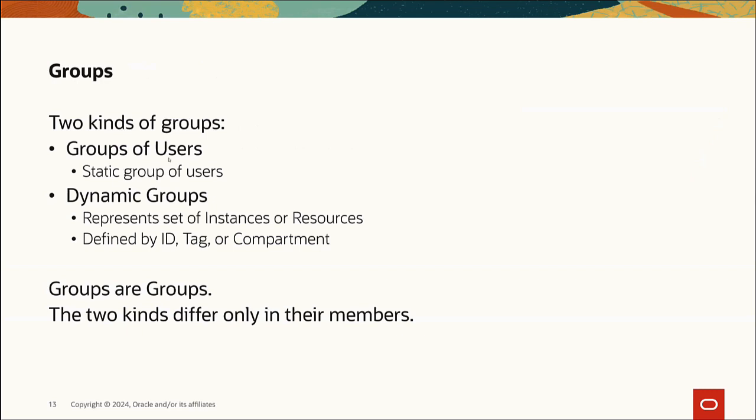Groups, I think groups is self-explanatory. Groups of users, we've been using groups, we know what groups are, but it's worthwhile mentioning dynamic groups. These dynamic groups apply only to the instance or resource principals, okay? With a dynamic group you can say, I want to group all instances or all compute nodes within a certain compartment. That becomes your dynamic group.